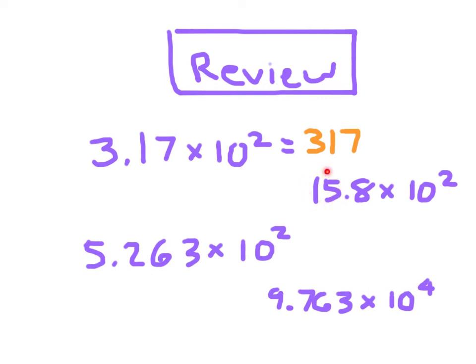Uh-oh, nope. It would still have a value. In other words, this would be written as 1,580, where we move the decimal point twice. But to write it in scientific notation, we really should have written it as 1.58 times 10 to the third.